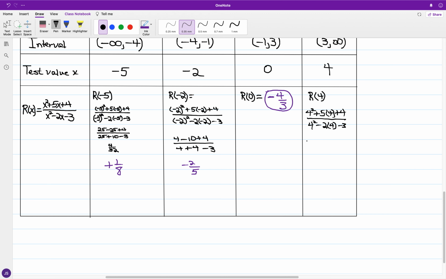So 4 squared is 16. 5 times 4 is 20. Plus 4. 4 squared is 16. Negative 2 times 4 is negative 8. And we have minus 3. So for what this would come down to, you got 36 plus 4 is 40. And 16 minus 8 is 8. Minus 3 is 5. So 40 over 5, you have a positive ratio. So this will reduce to positive 8.